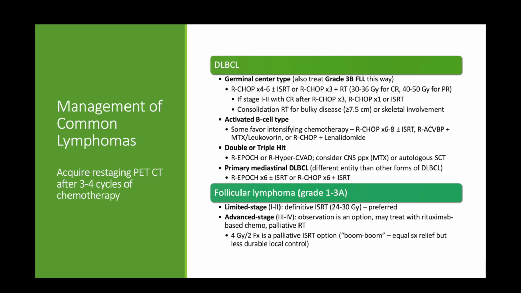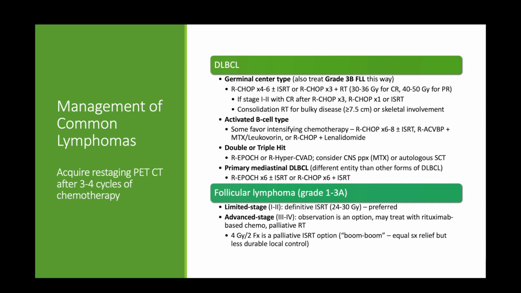And so when it comes to the treatment paradigm for DLBCL, your classic germinal center type average risk DLBCL, and keep in mind that we also treat grade 3B follicular lymphoma this way, as similar to a DLBCL, starting off with R-CHOP for 3 to 4 cycles is probably the right answer.